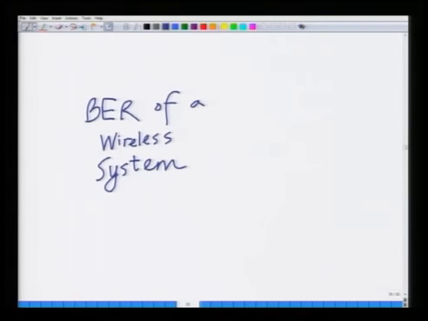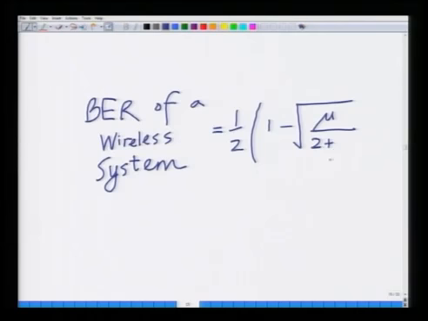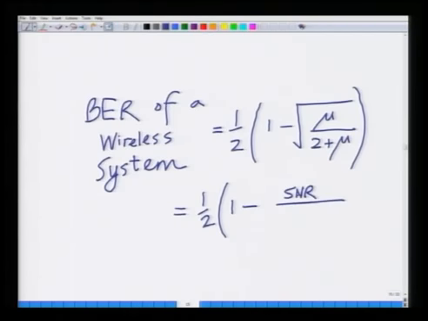The bit error rate of a wireless system is nothing but half times 1 minus the square root of mu over 2 plus mu, which is nothing but half times 1 minus the square root of SNR divided by 2 plus SNR.